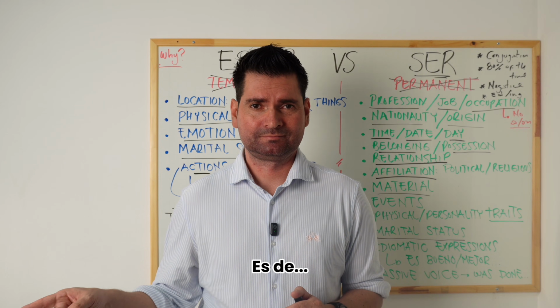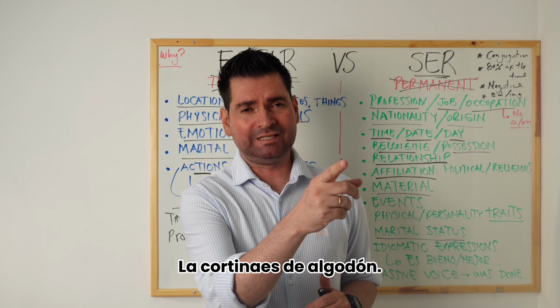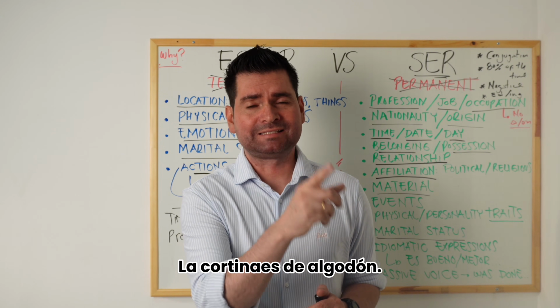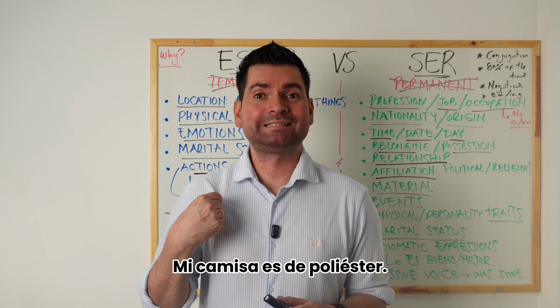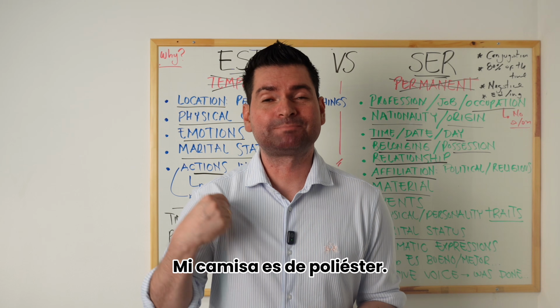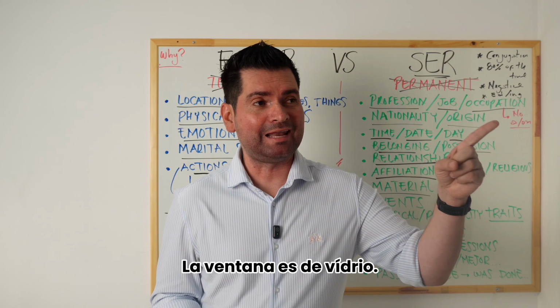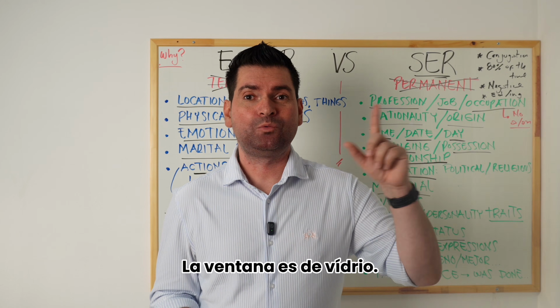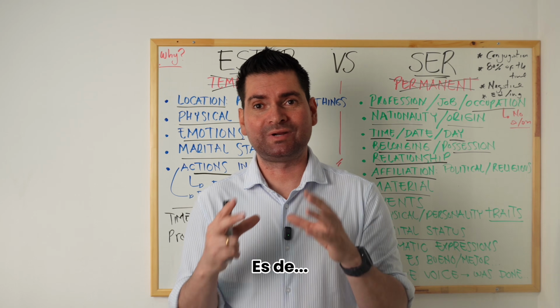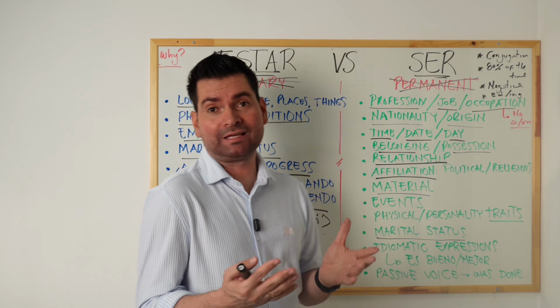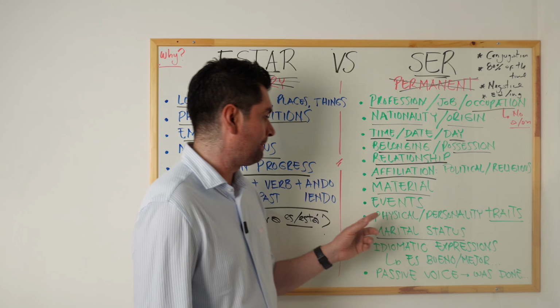Es de. La cortina, the curtain, es de algodón. It's cotton. Mi camisa es de poliéster. My shirt is polyester. La ventana es de vidrio. The window is made out of glass. Es de, to express the material. So think about very common materials.